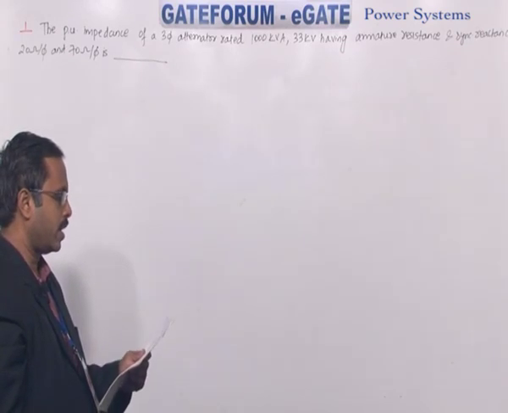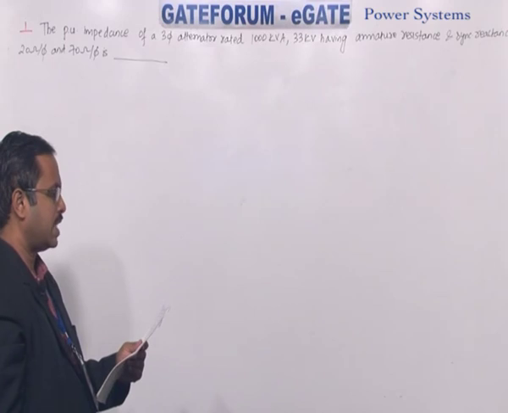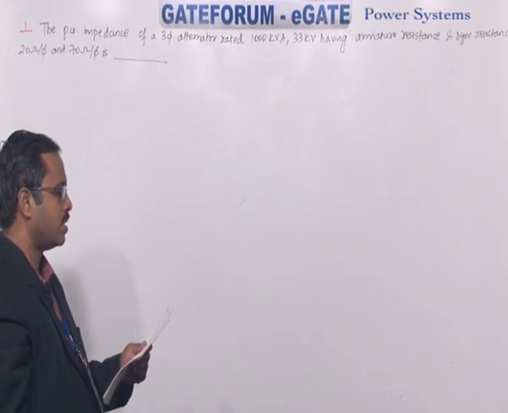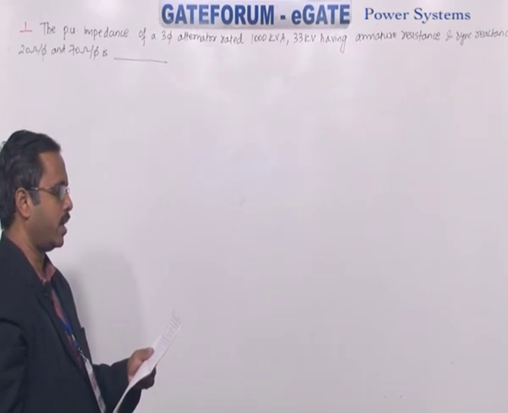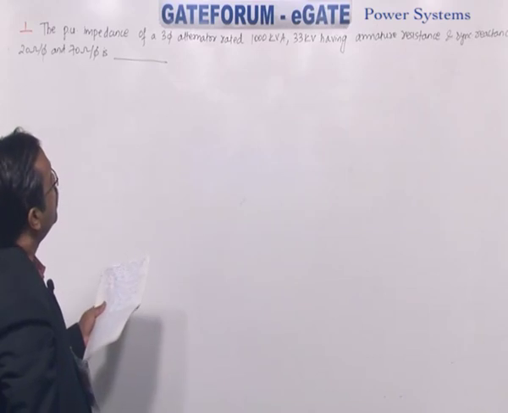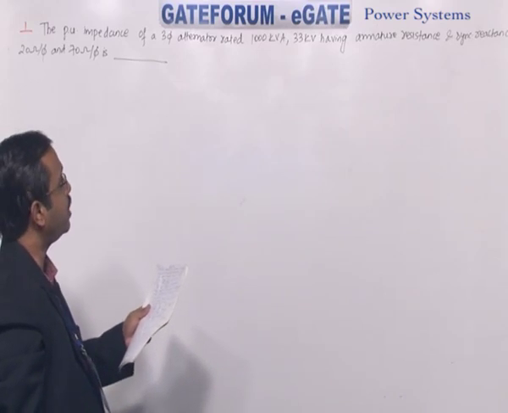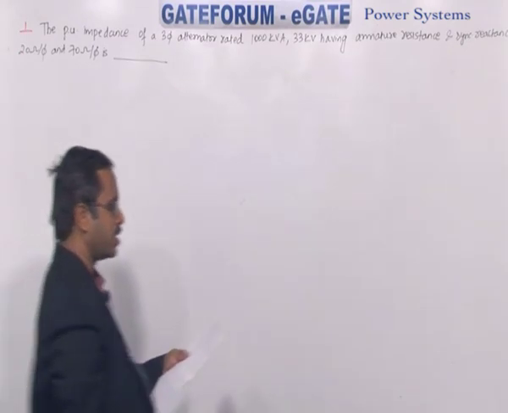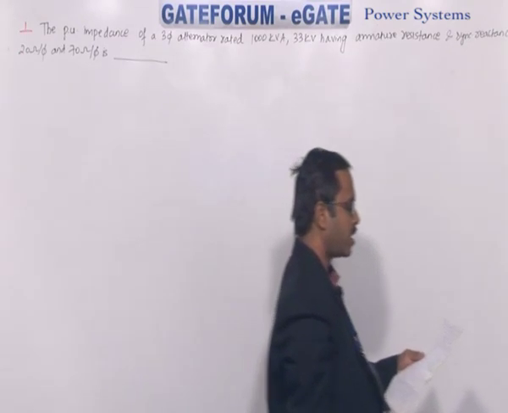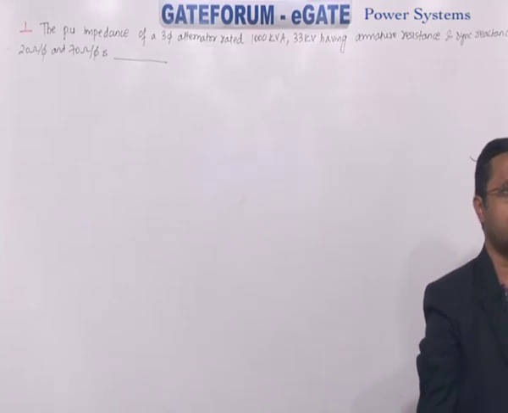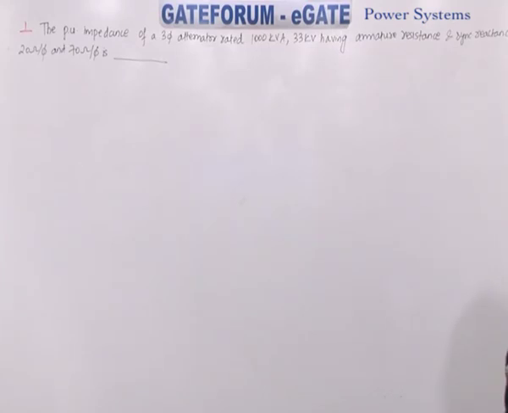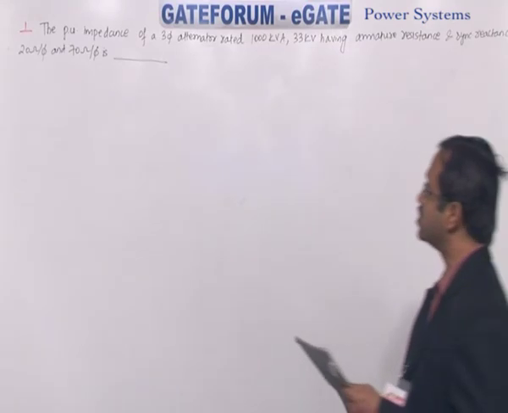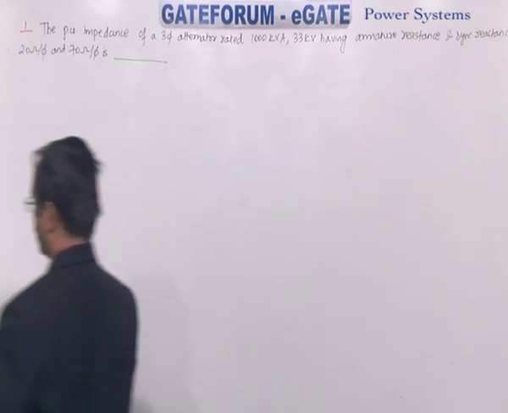So we have to calculate the per unit impedance of a three-phase alternator rated 1000 kVA, 33 kV, having armature resistance and synchronous reactance 20 ohms per phase and 70 ohms per phase.